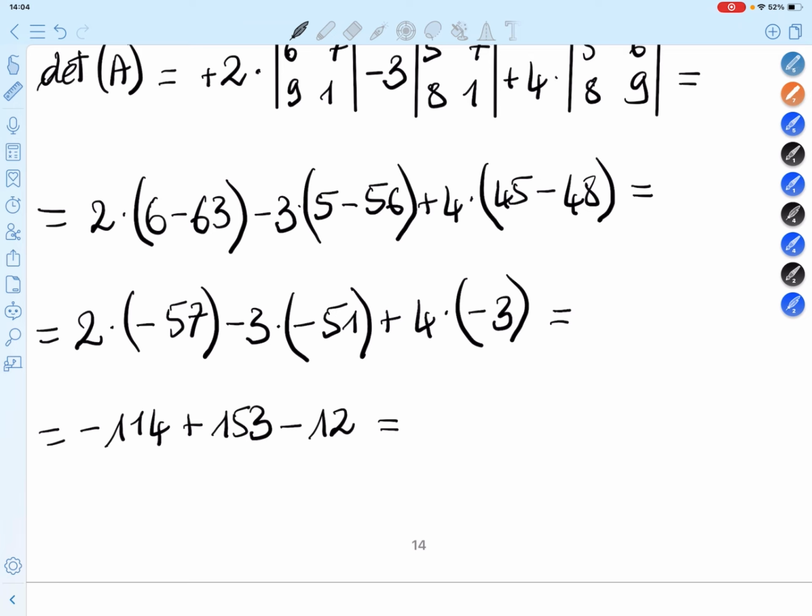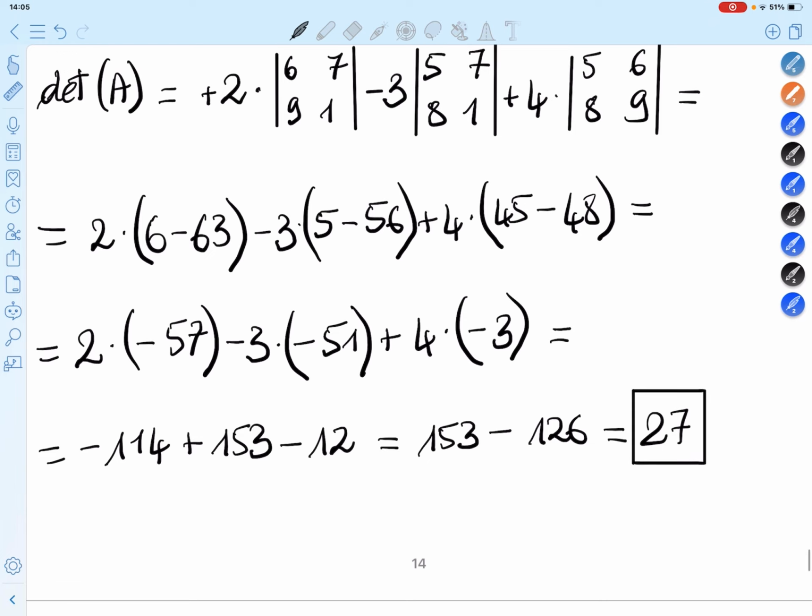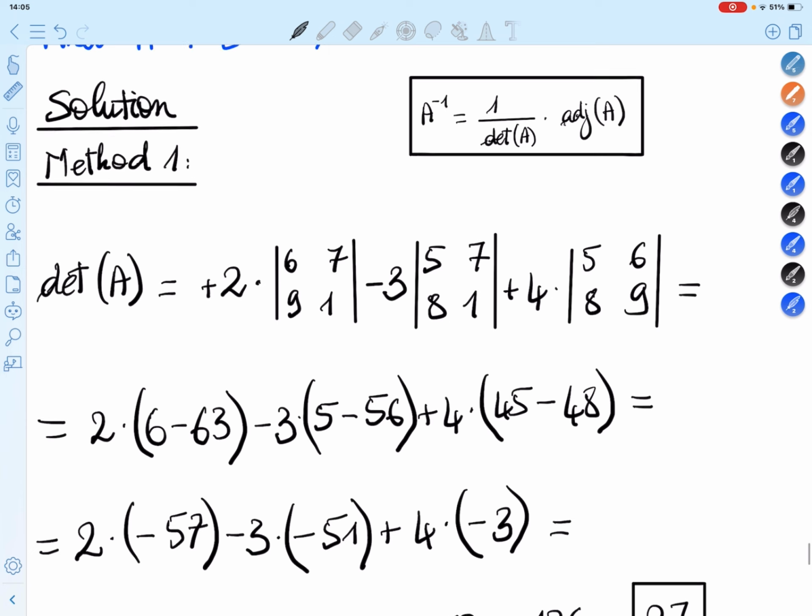Now this would be equal to 153 minus 126, and that would give 30 minus 3, 27. So the determinant of A is 27, right?